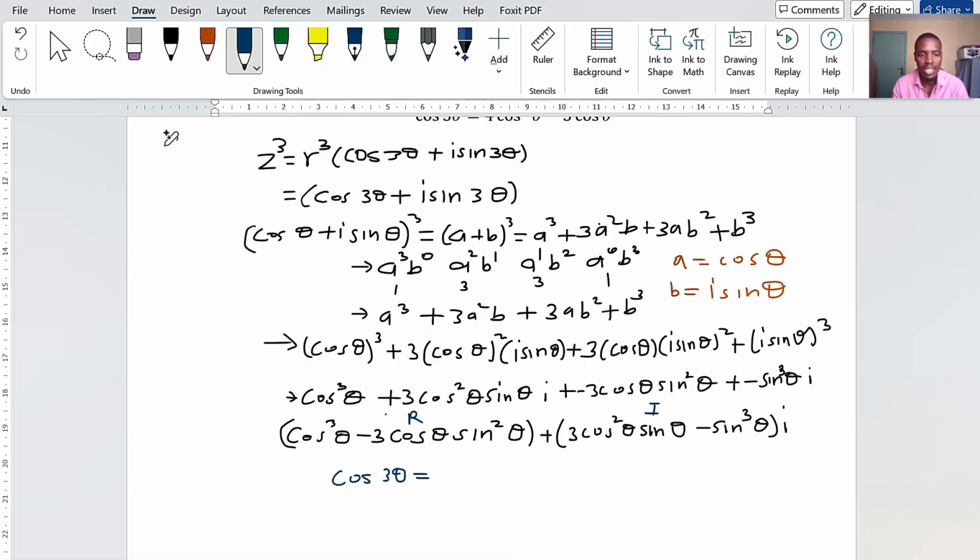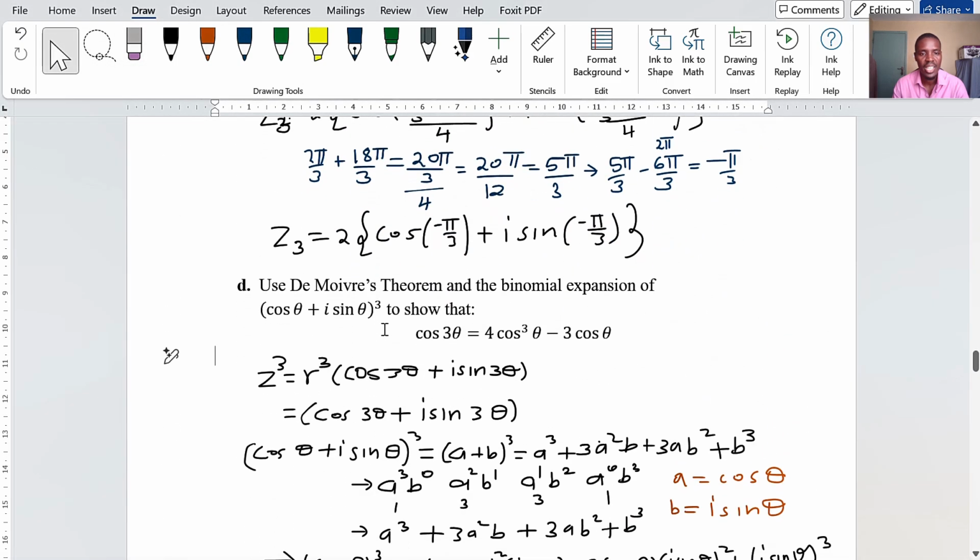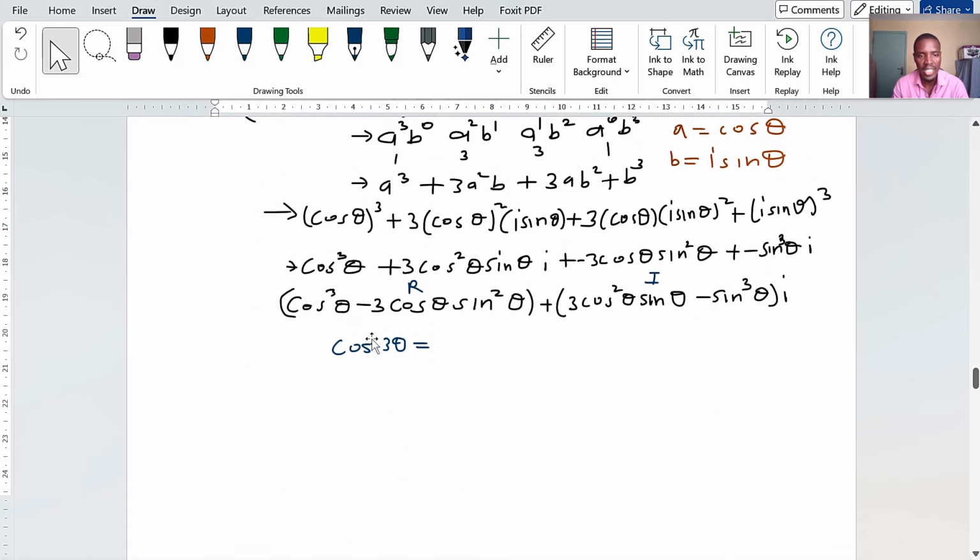So for complex numbers to be equal, you equate their real parts and their imaginary parts. So the real parts must be equal. What we are given here is a real part, because we don't have i. So the real part cos 3 theta must be equal to our real part here, which is cos cubed theta minus 3 cos theta sine squared theta.